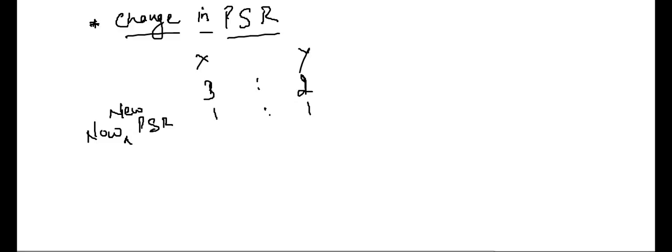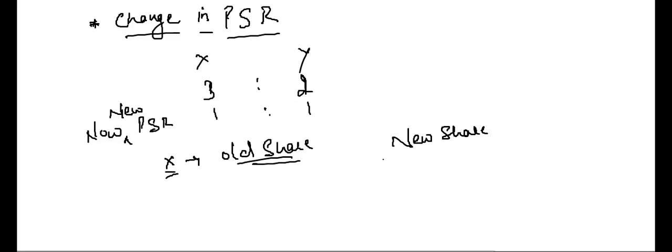Right? Now what will happen? Let's see. If I talk of X, what is X's old share, and what is X's new share in profit? Old share is 3 by 5 and new share is 1 by 2.